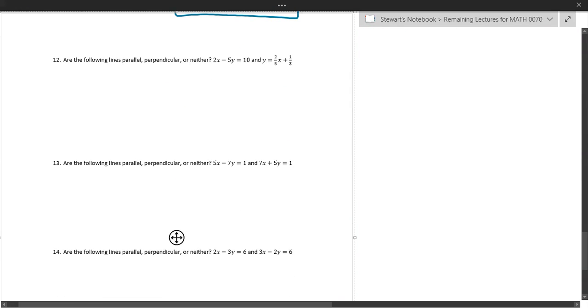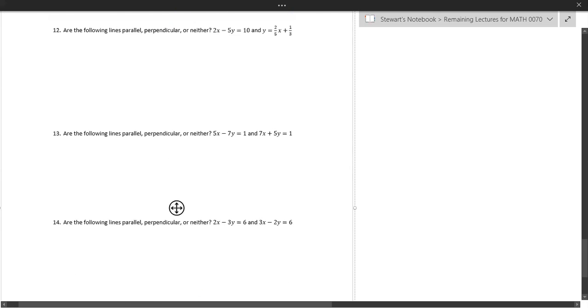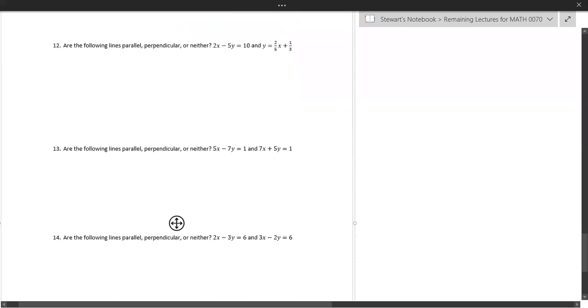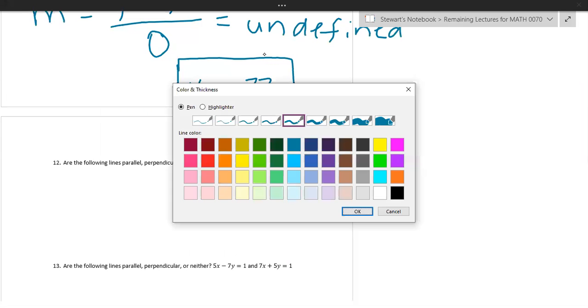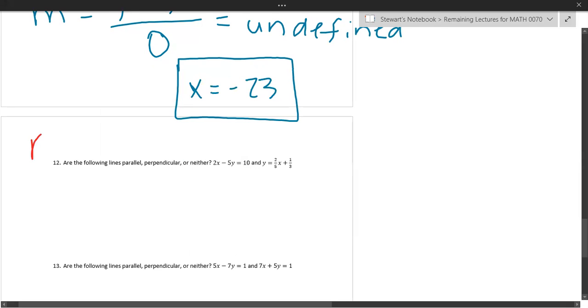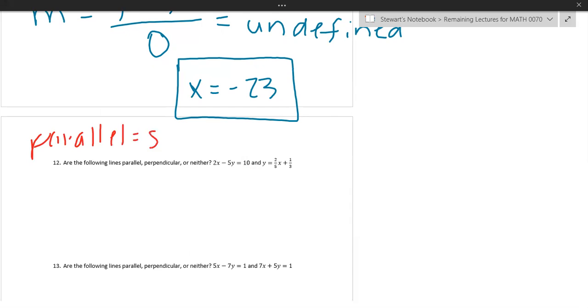Okay, so are the following lines parallel, perpendicular, or neither? So in this one, or in the next few, I should say, it's good to note that parallel means that the lines have the same slope.